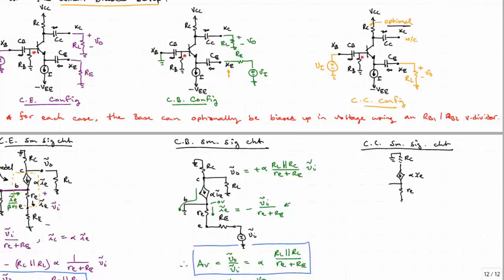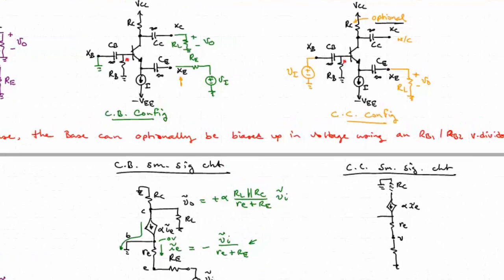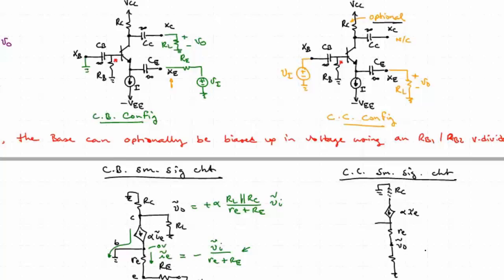Okay, the output now is connected straight to the emitter. So this voltage here, the connection between little re and R load, is Vout. And we have a connection between the emitter and our input, VI. The current flowing through the emitter, IE, is simply going to be equal to the voltage across it divided by the total resistance.